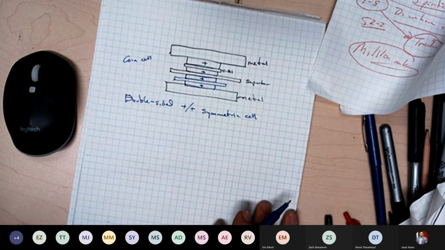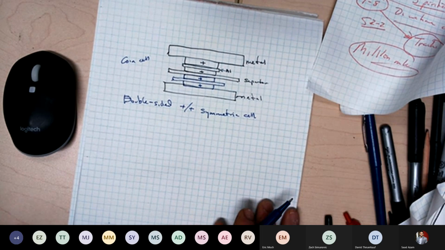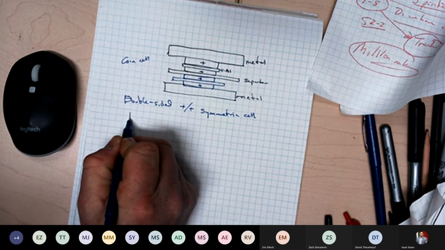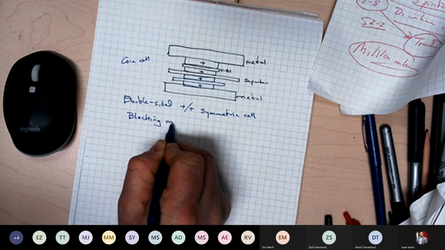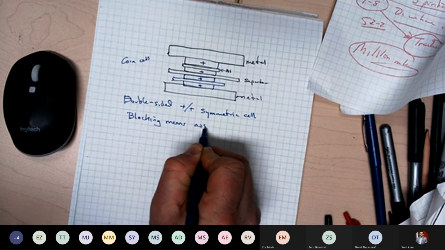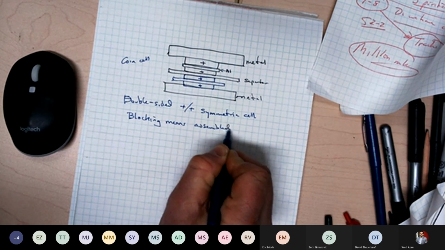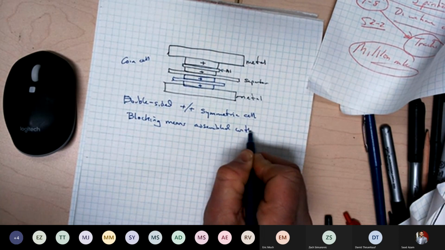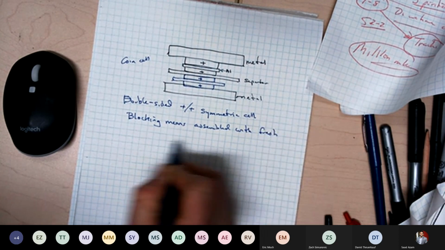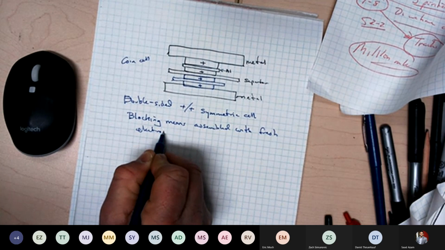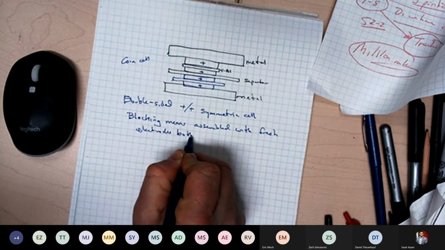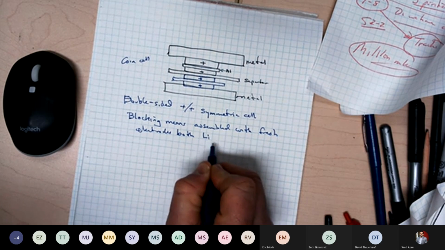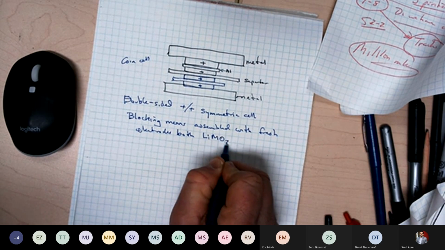So what is the blocking and what is the non-blocking of these two cells? Blocking means assembled with fresh electrodes, both whatever, LiMO2.